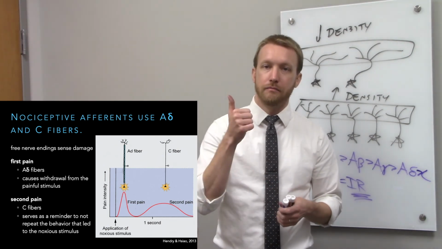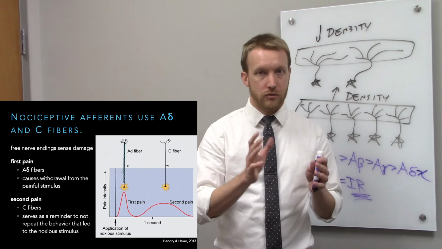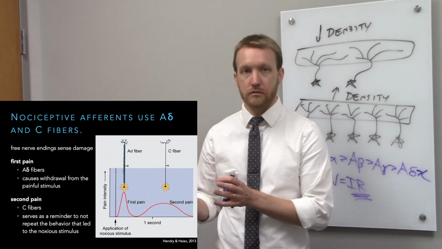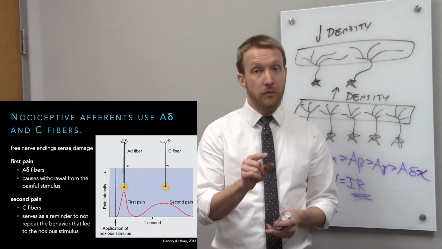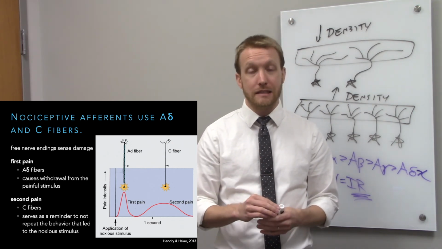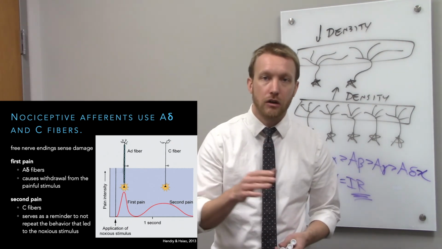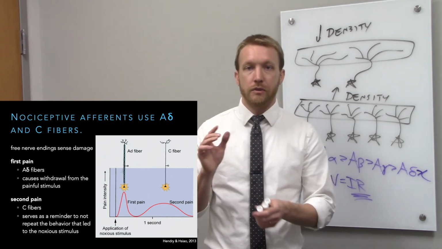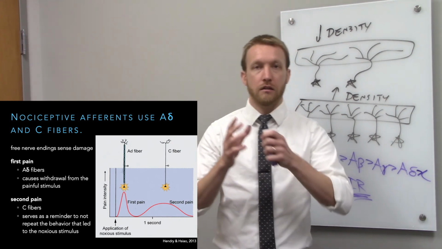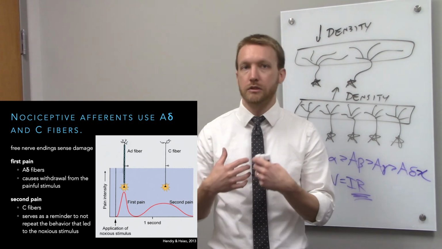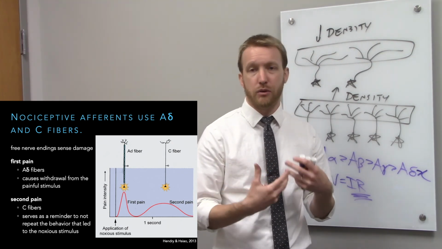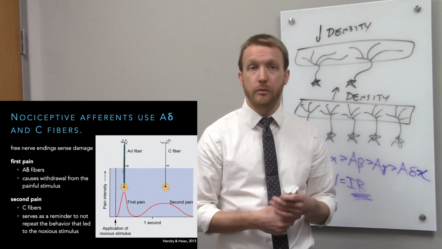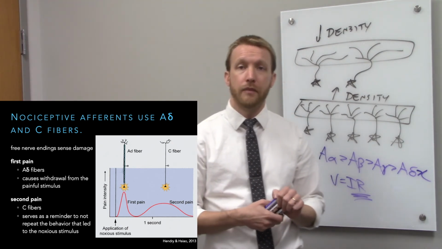A delta, myelinated, so it's quite a bit faster than the C fibers. C fibers are unmyelinated, they're very small, so it makes them easily excited, but they're very slow to tell you about it. So we have kind of two waves of pain, the A delta fibers, which kind of create a little sharper pain, as opposed to kind of a burning or itching pain that C fibers generate there.